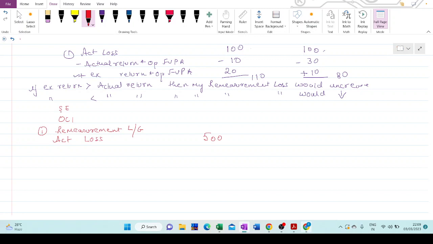Okay. Now, guys, for once, just forget that IFRS tells you that the expected return is the discount rate. Think that you get to choose the expected return, and you choose an unrealistically high expected return. Say you choose an expected return of 50% per annum on your plan assets.